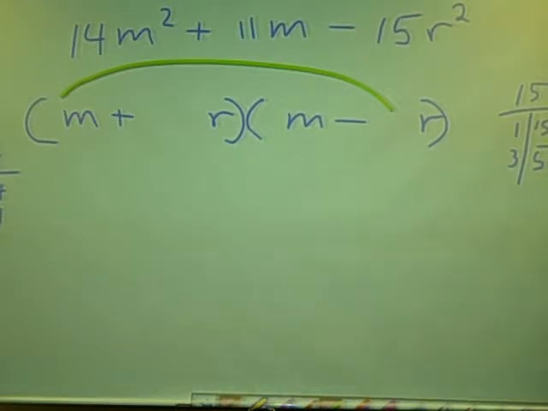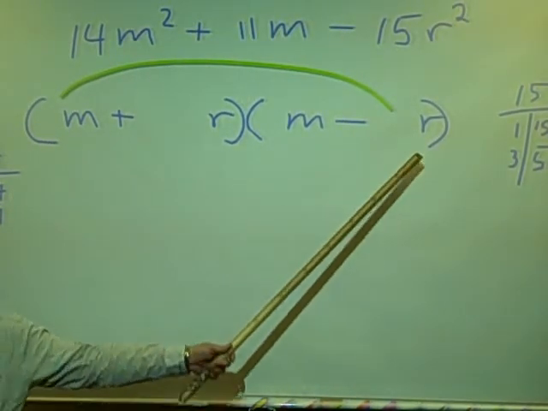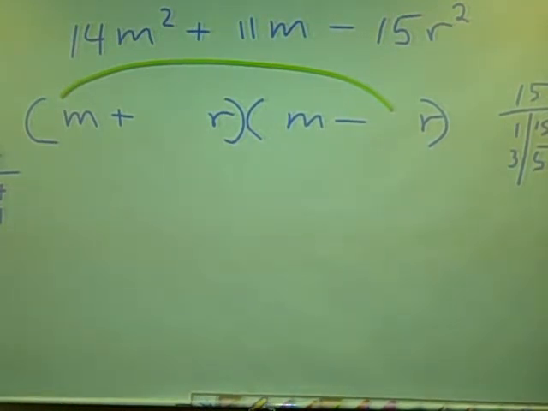This type of problem tends to give a little more trial and error than the others do. Normally it's not the 1 and the number, in other words, normally it's not 1 and 14 or 1 and 15. Sometimes it is, but most of the time it's not. So I would try the 2 and 7 and the 3 and 5 first. Go ahead and try those.